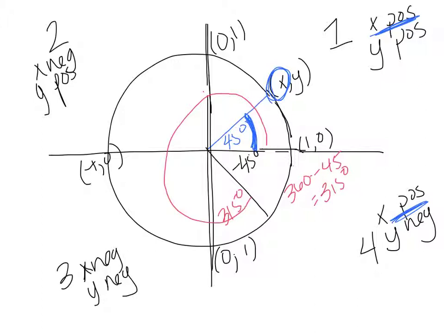What about another angle with the same y-coordinate? What quadrant would that be in? The second, very good. If my y was positive, and I wanted something with the same y value, we know it's going to be kind of equal in size to 45 degrees. How do I figure out what that angle is?